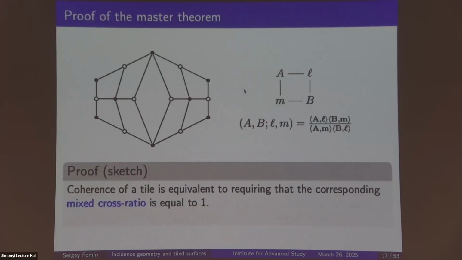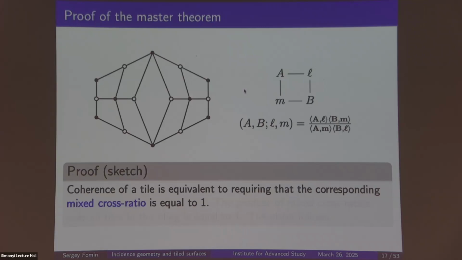The key observation, which you can easily verify at home, or some of you maybe can do it in your head, is that the coherence condition is equivalent to requiring that the mixed cross ratio of those four objects is 1. What is a mixed cross ratio? You have two points and you have two hyperplanes. You draw a line through those two points. That line intersects those hyperplanes at some two points.